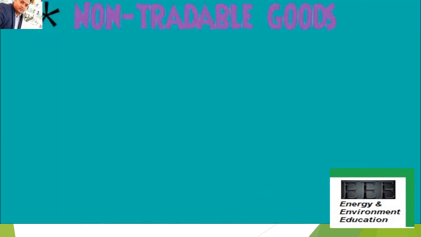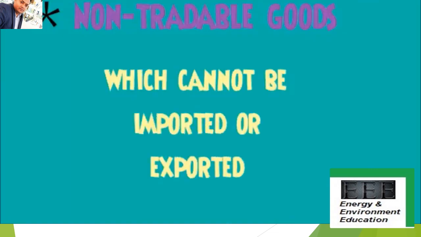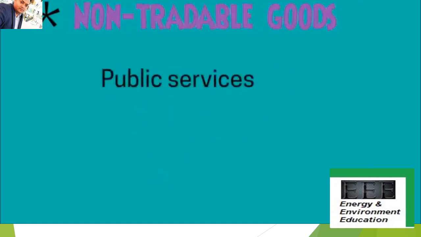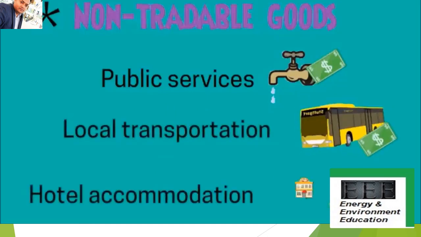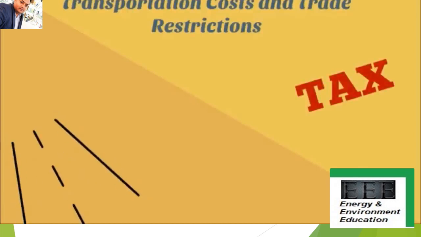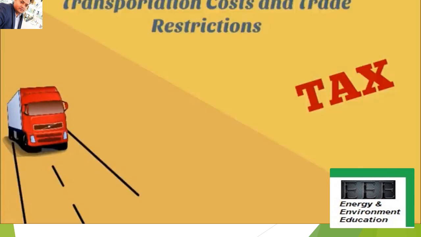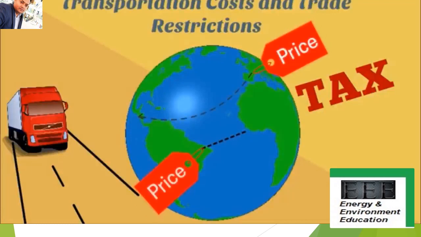However, there are non-tradable goods which cannot be imported or exported, so there are fewer reasons for the prices to equalize. For instance, you cannot trade public services such as water supply and local transportation, or hotel accommodation. Absolute purchasing power parity assumes that taxes and transportation costs do not exist, which is not true. So, because of different transportation costs, prices will be different.